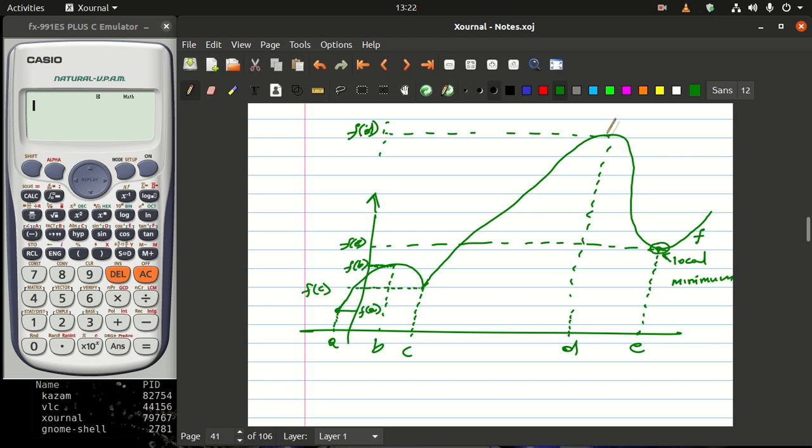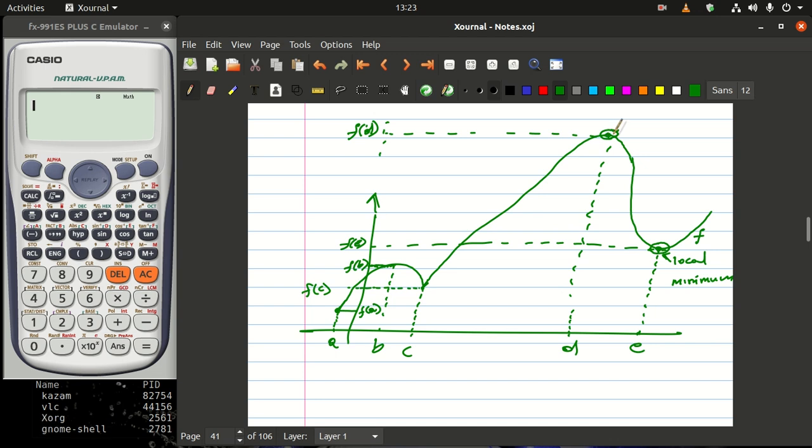And if you look at this point here, and I draw a little circle there, all the points around it, the points close to it and the points around this point here, are always less than or equal to that point.